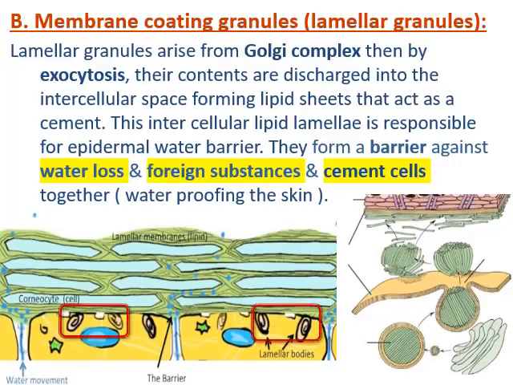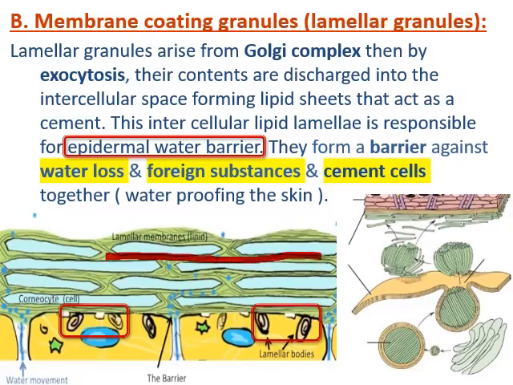The second type, the lamellar granules, arises from the Golgi complex, then is excreted to the outside of the cell by exocytosis, discharged in the intercellular space and forming, as we see here, layers between the cells in the form of lipid lamellae, which is responsible for the water barrier or waterproofing of the skin, and it prevents water loss from the skin.